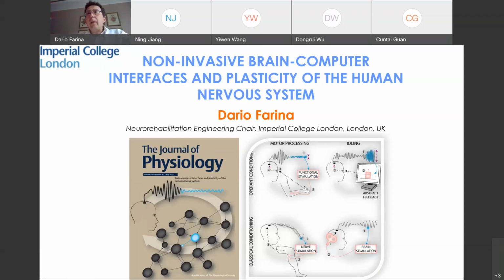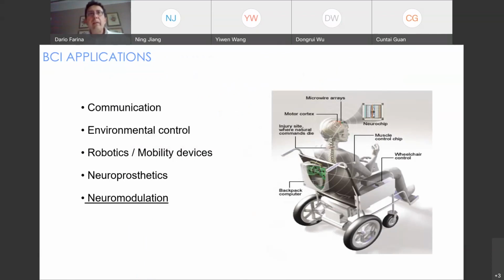As we know and as we have heard extensively today and in the previous days, BCIs can be used in a variety of different ways to control external devices, such as wheelchairs, or to communicate. However, every BCI basically induces plasticity, so they have a neuromodulation effect.